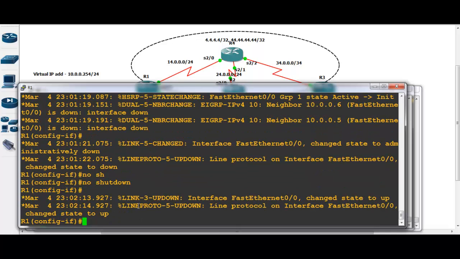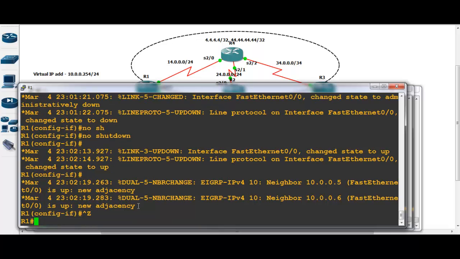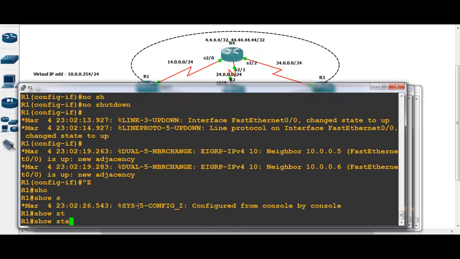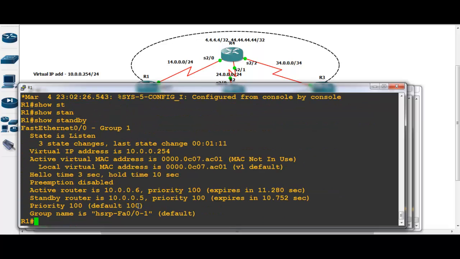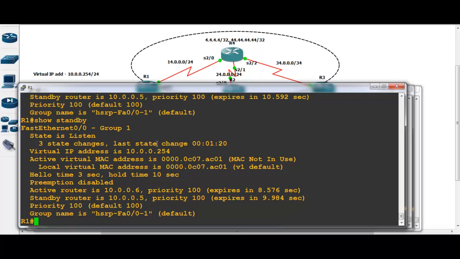Since there is no preemption, this will go to listening. Show standby. Okay, see, it is in listening state. The MAC address is not in use, and this will not become active or standby unless you enable preemption.